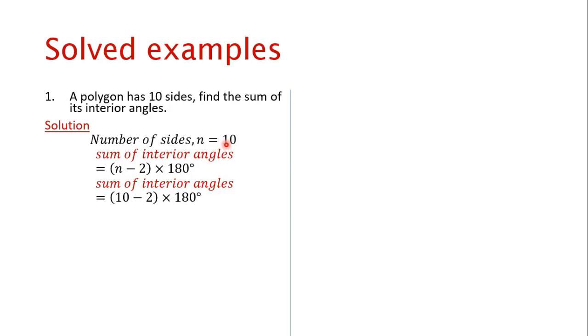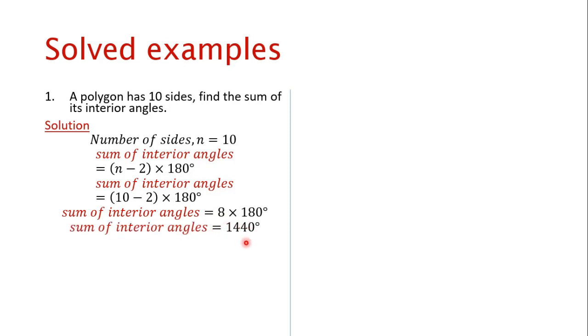Since n equals 10, we replace the variable n with 10. So 10 minus 2 multiplied by 180 degrees. Thus, sum of interior angles equals 8 multiplied by 180 degrees, and that gives us 1440 degrees.